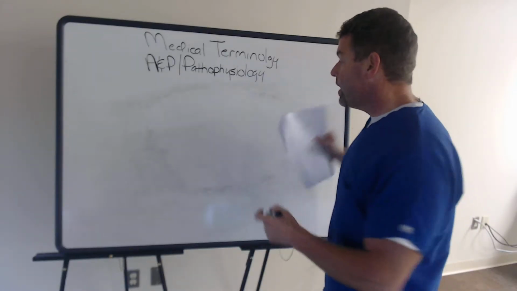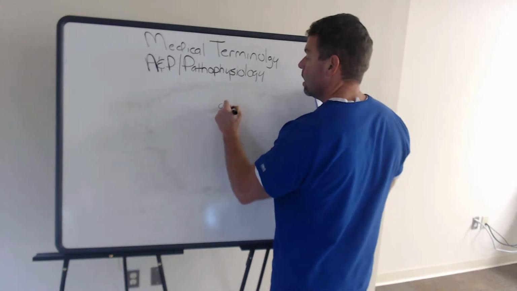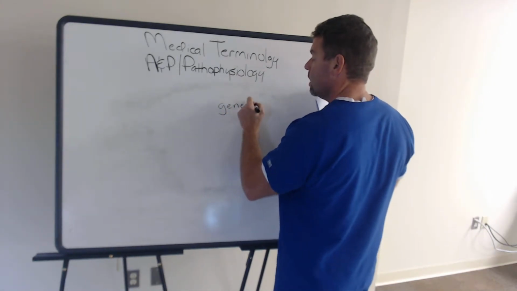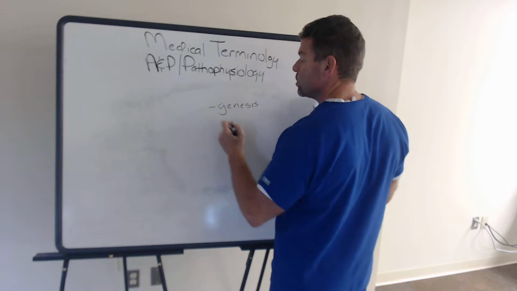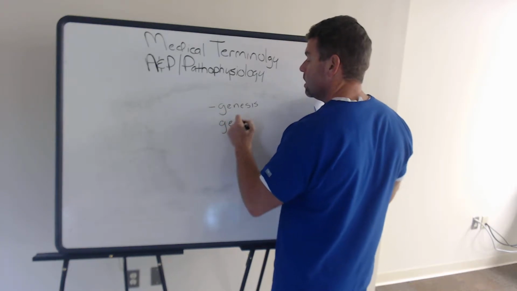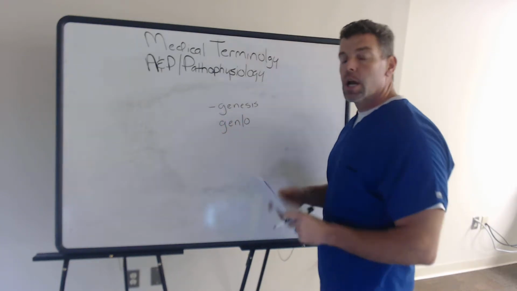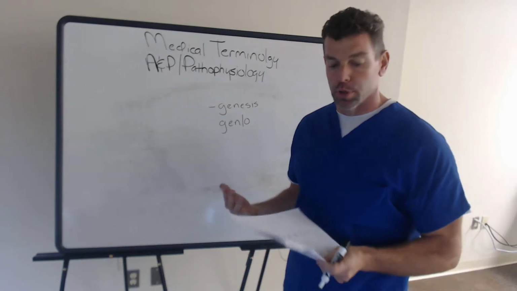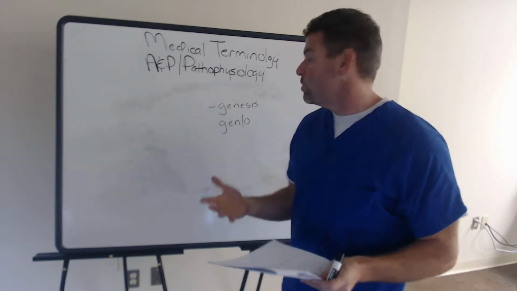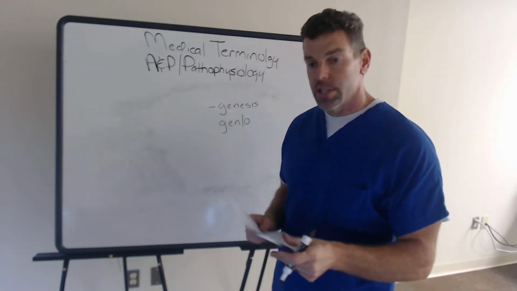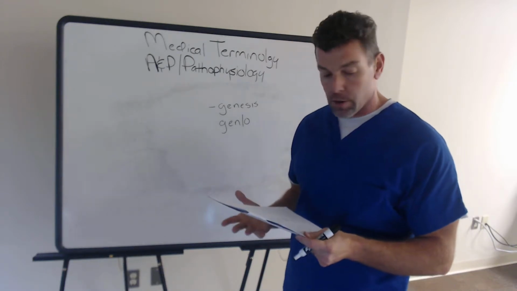Producing: genesis is a suffix that means producing. Geno is a combining form that means to produce. So for something that is producing, you may see the suffix genesis or the combining form geno.